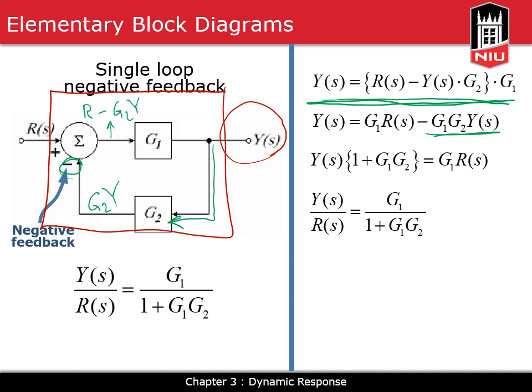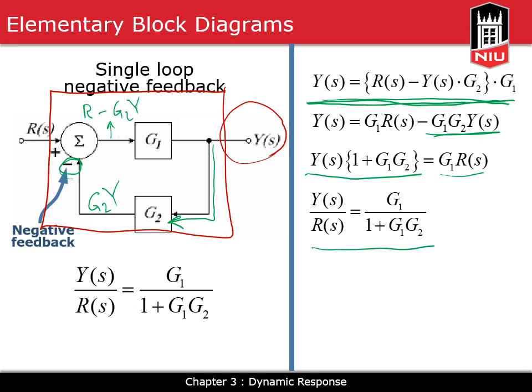So then we have Y plus G1 G2 Y on the left side. Factor out Y, write it as Y times (1 plus G1 G2). On the right side, we have just G1 times R. You can guess the rest. Y divided by R. Just divide both sides by R and by 1 plus G1 G2. We will have Y over R equal to G1 over 1 plus G1 G2. So this confirms our formula.